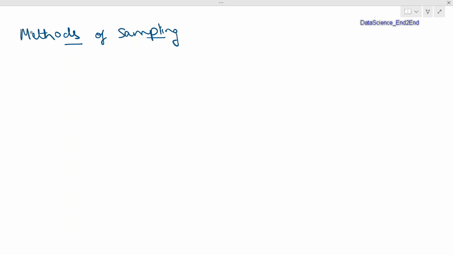There are three different types of sampling methods. First one is random sampling. Suppose we continue our previous example, where we need to do some research on the shops near our locality.